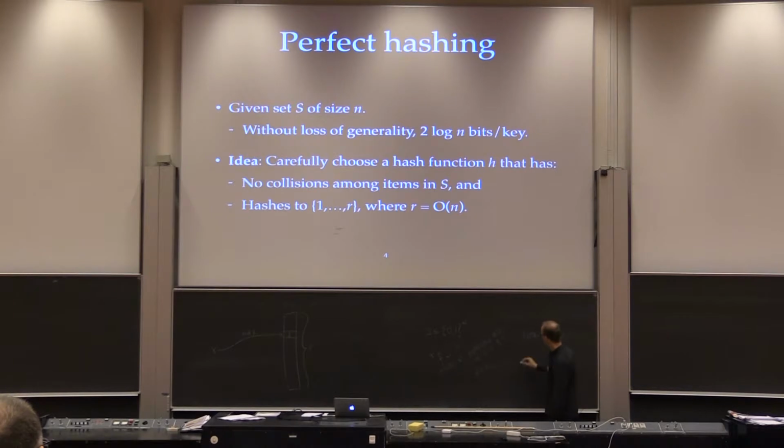So now, what we need is just a function that maps S star. So S star is the set of bit strings that have distance at most 1 to something in S, and map it to 1 up to w.